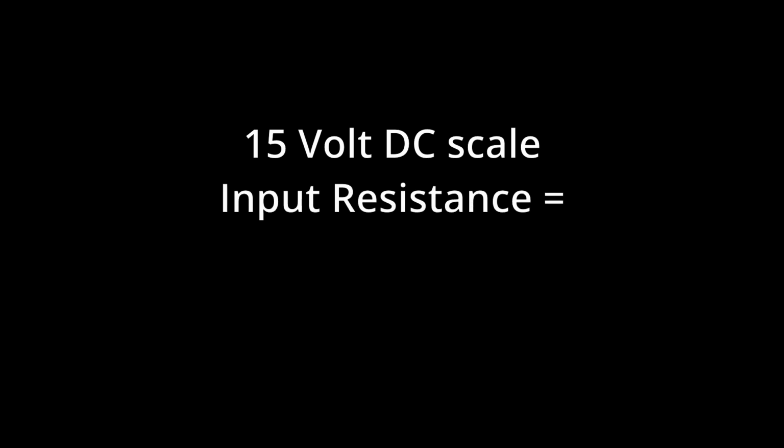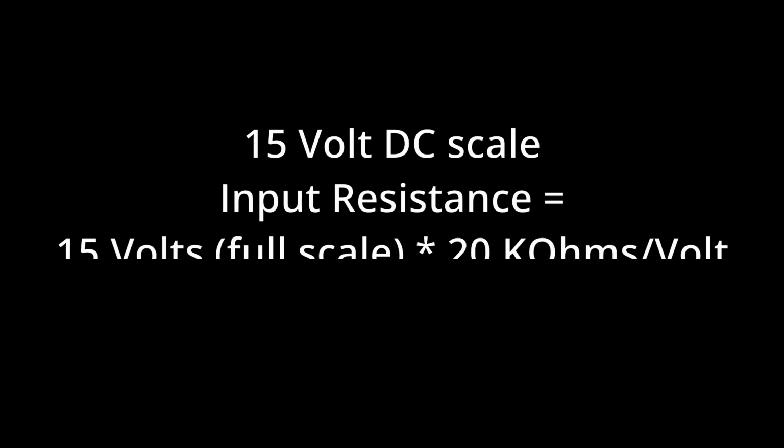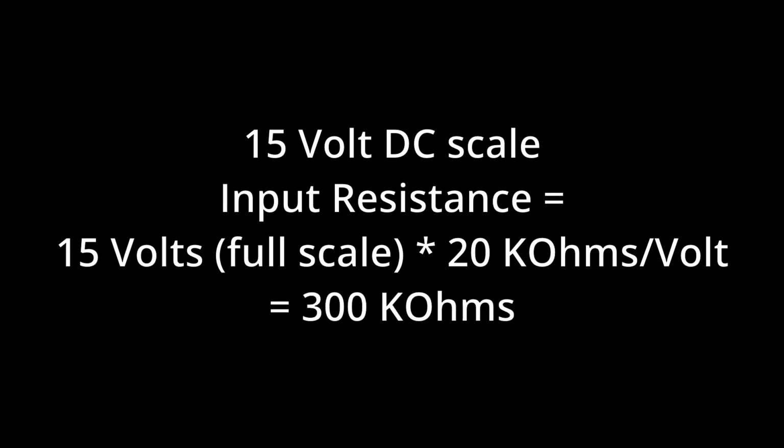Well, if I'm using the 15 volt DC range on this, the input resistance of the meter will be 15, which is a full-scale voltage range, times the 20 k ohms per volt, which means that the input resistance of this meter on that scale will be 300 k ohms.